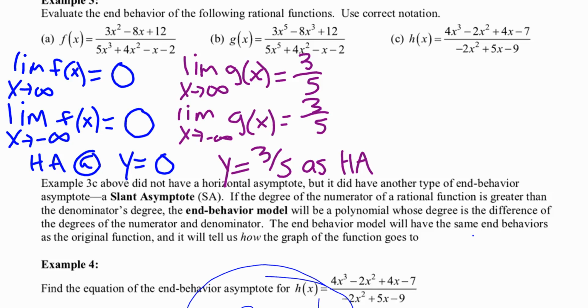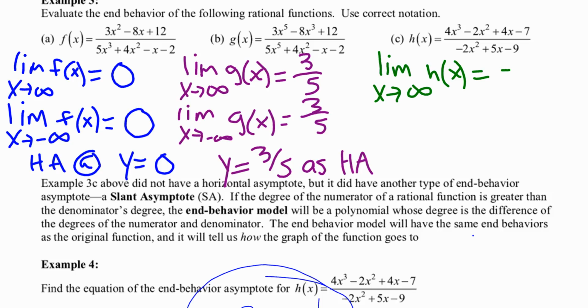For this last one, if we take the limit as x approaches infinity of h of x, the degree of the top is 3. The degree of the bottom is 2. So the degree of the top is bigger. If you have a bigger number over a smaller number, that's just going to continue to grow, and grow and grow without bound. So as x approaches infinity, we have this +4 over -2.